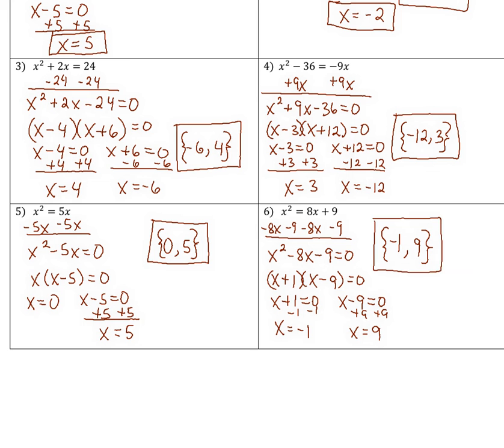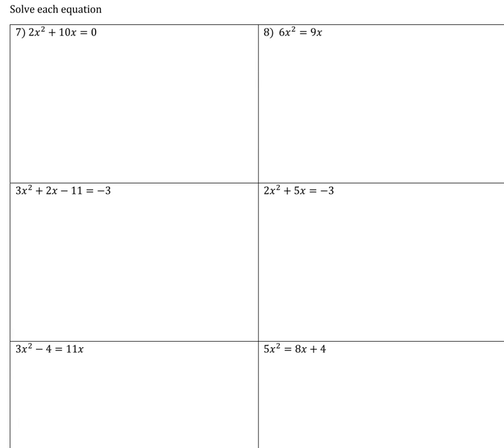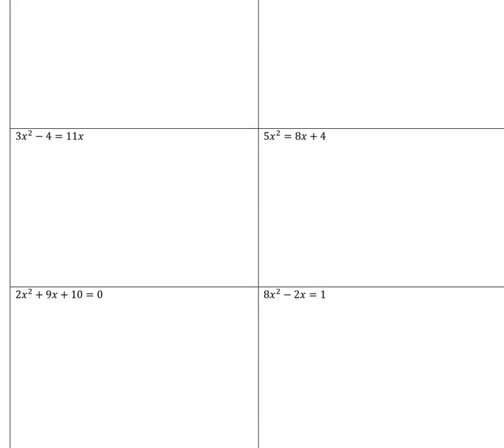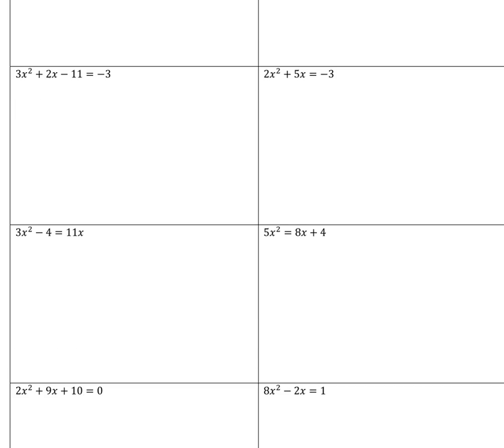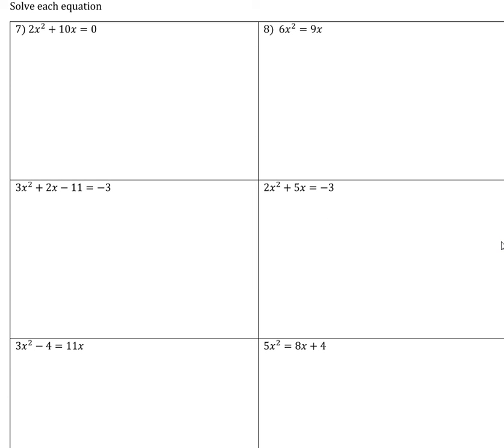Okay, so what we're going to do now, go ahead here and just do that left column. Well, actually, let's do one more here. Let's drop down to this 3x squared plus 2x minus 11 equals negative 3.